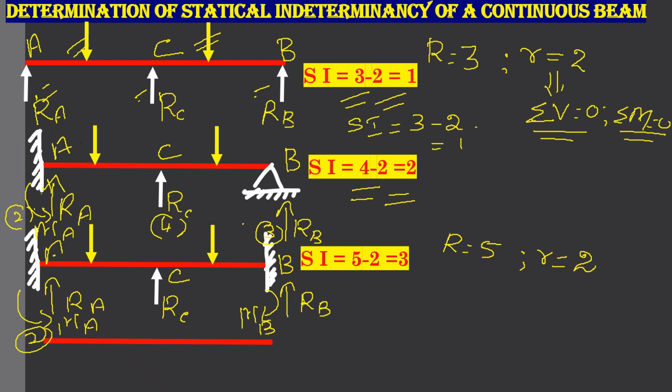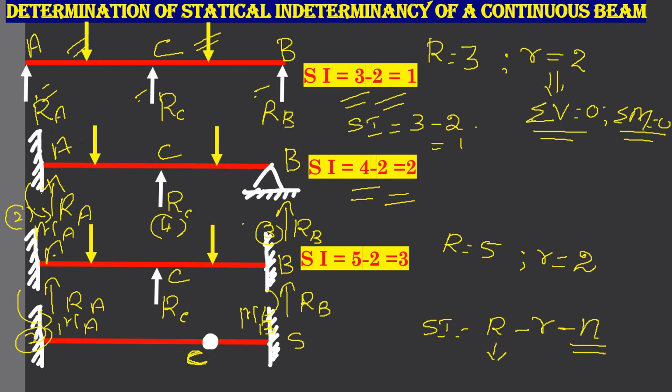We will see one more example. So it is fixed at A, fixed at B, and you have a hinge at C. So when a hinge is introduced in your beam, your equilibrium equation becomes +1. That is, here your statical indeterminacy becomes R minus r minus N, where N is the number of hinges.